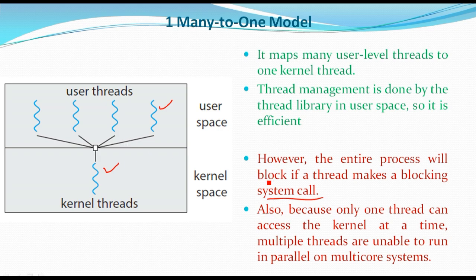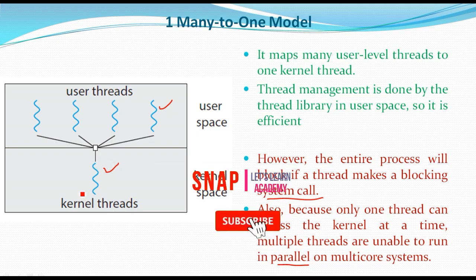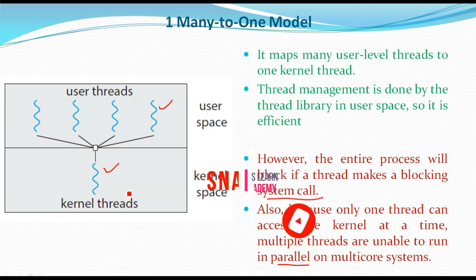So we cannot do parallel execution, because there is only one kernel thread and multiple user threads. Only one user thread can access the kernel thread at a time. Therefore the many to one model is not an efficient multi-threading model.